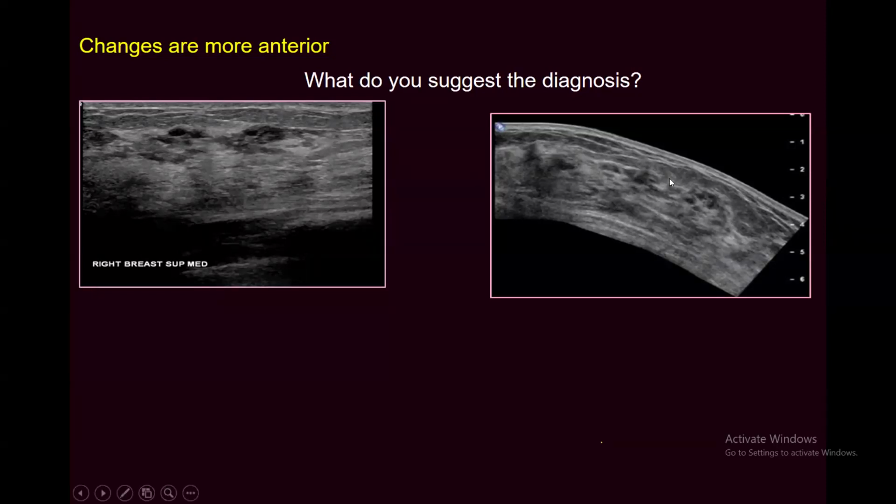You can see some enlargement and some changes in the terminal duct lobular unit. What do you suggest the diagnosis of this? Do you have any suggestion?